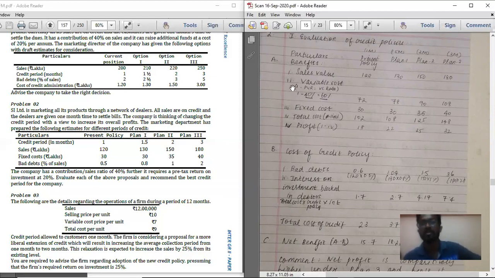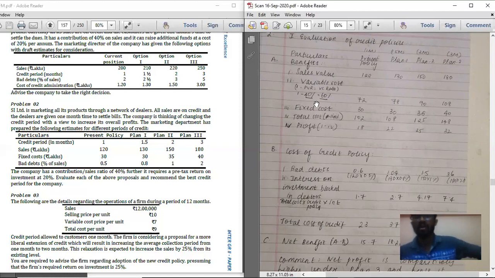So in respect of small Roman number 2, variable cost, below that note it down: 1 minus profit volume ratio is equal to variable cost ratio. 1 minus PVR is equal to variable cost ratio. Close the bracket. Below that, take down: 1 minus 40% is equal to 60%.